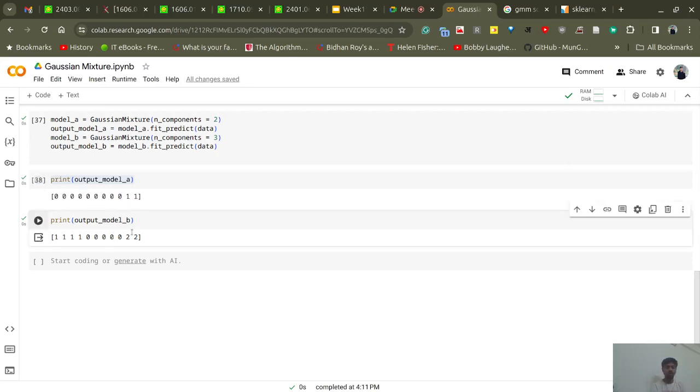But model B is putting the last two values into one cluster, and these values into another cluster, and these values into another cluster.